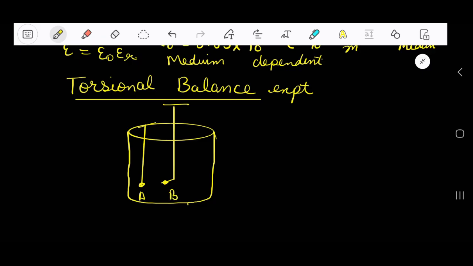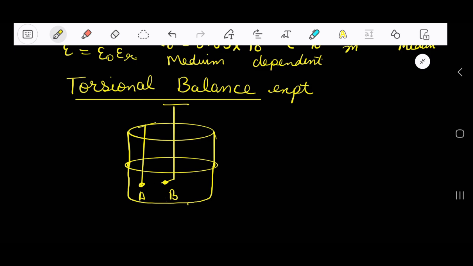Initially both are neutral. He placed a strip of measurement tape at the inner surface of the jar in order to have the proper measurement. Initially when both the bodies were uncharged, no deflection was observed between the bodies.